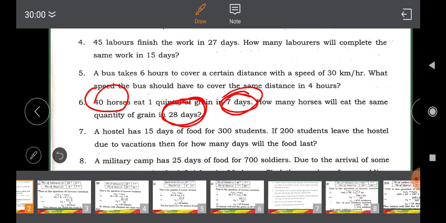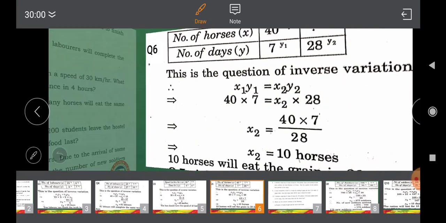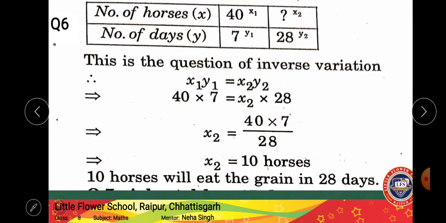Again inverse variation. So number of horses and number of days are the two columns you will make. For 40 horses it was lasting for 7 days. Now for how many horses will the food last for 28 days?